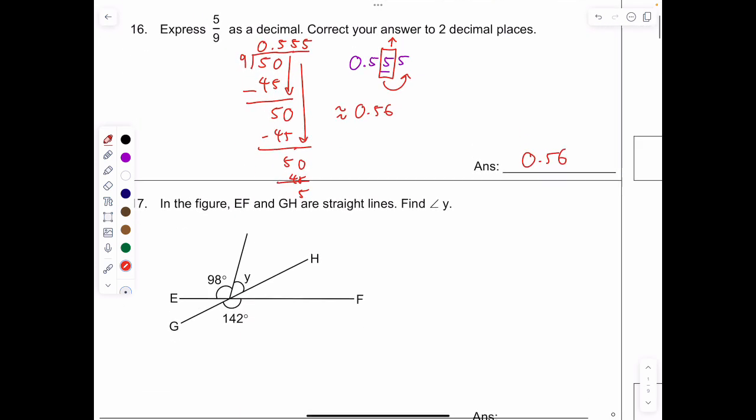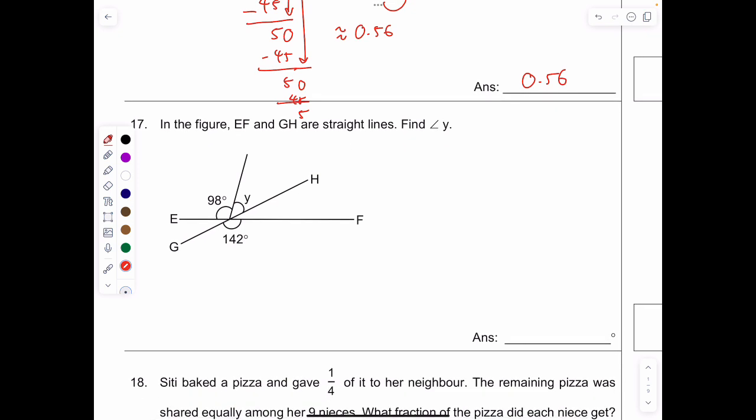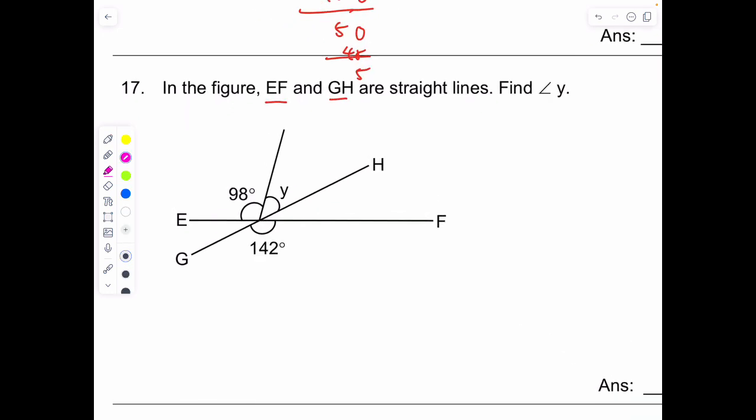Okay, next. In the figure, E, F, and G are straight lines. So when I see this, it signals to me that these could be 2 straight lines intersecting each other, which means that any angles that are opposite are actually equal. Okay? So based on this, they say find angle Y. Because this angle here is the same as this angle, I know that this entire angle here is 142 degrees.